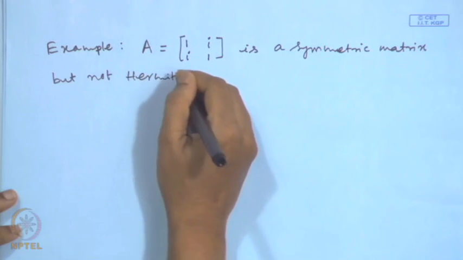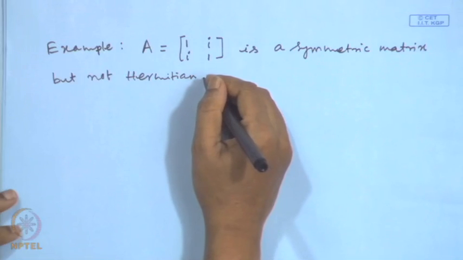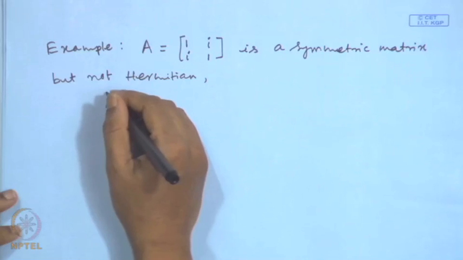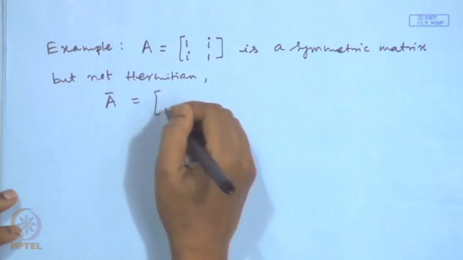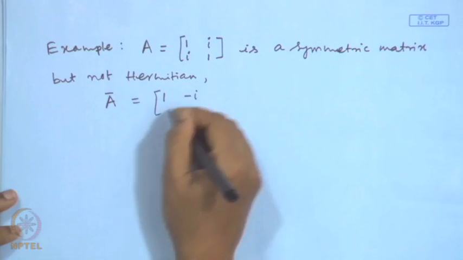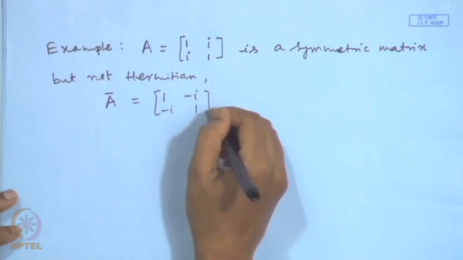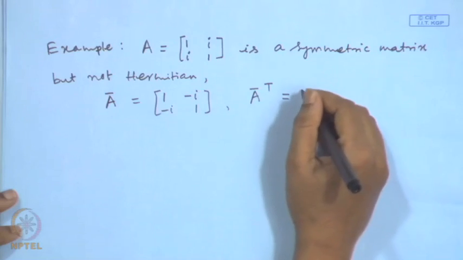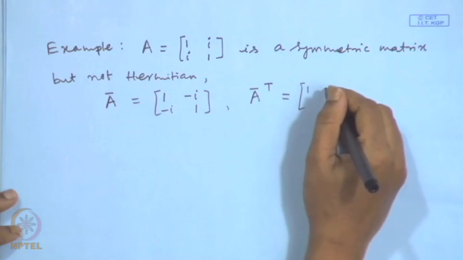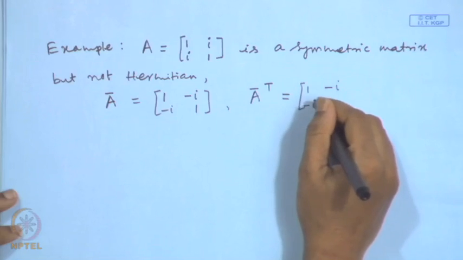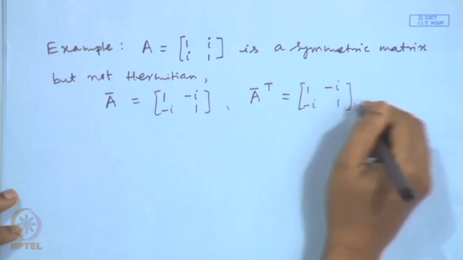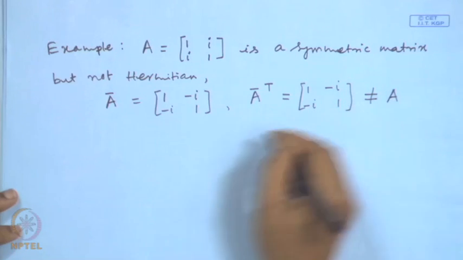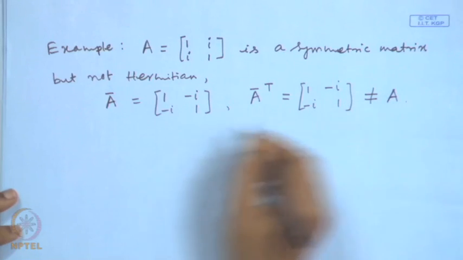One can check that easily, because if we take A conjugate, we get 1, minus i, minus i, 1, and A conjugate transpose is also 1, minus i, minus i, 1. So, this is not equal to the matrix A, therefore it is not a Hermitian matrix.